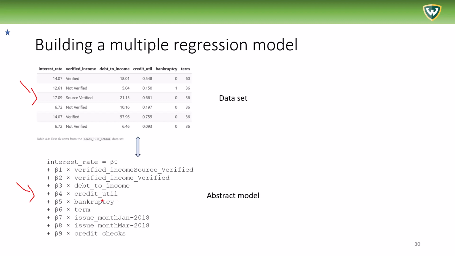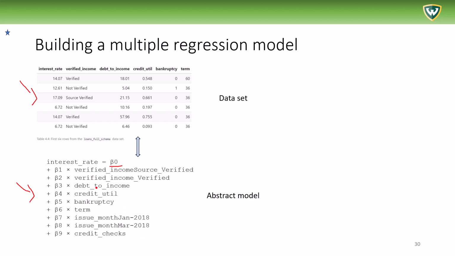And it's going into multiple lines just so it's easier to read, but essentially, you can put it all into one line. So it's interest rate equals the first beta, also called alpha, is the intercept, and then plus the first beta coefficient times one variable times another variable, and then we have all the multiple variables.